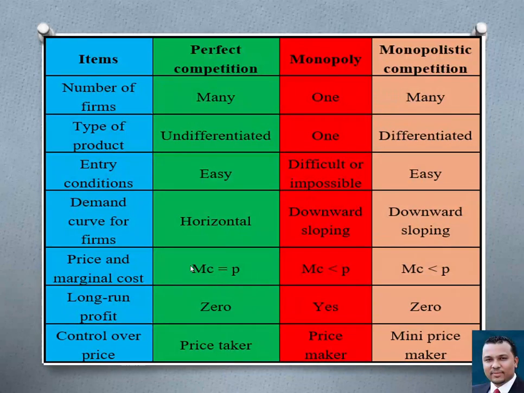Because no one can control the price, with many buyers and sellers. In case of control over price in monopoly and monopolistic competition, the firm is a price maker, but it is a large price maker in monopoly because there is only one producer, and a smaller price maker in monopolistic competition.